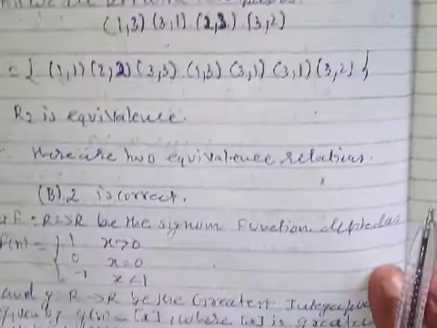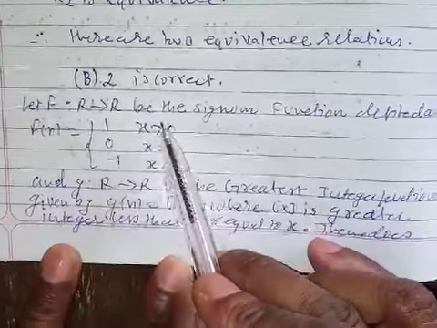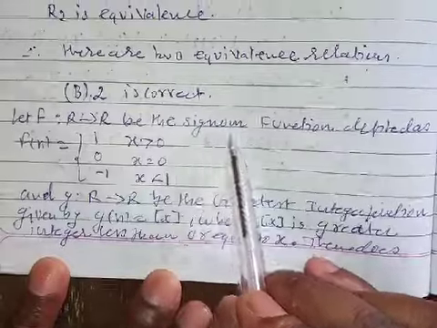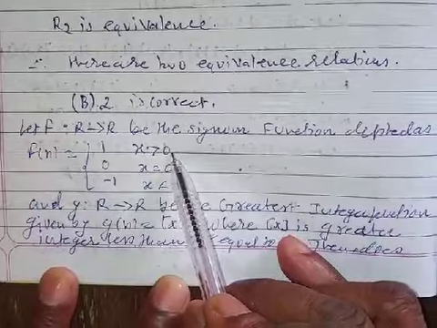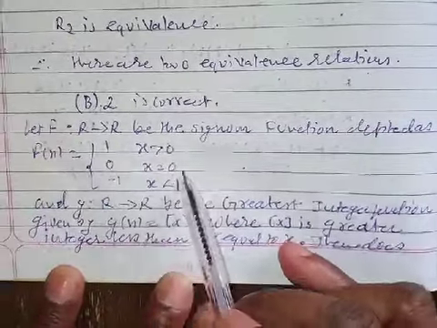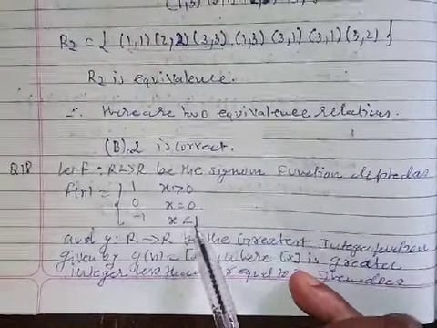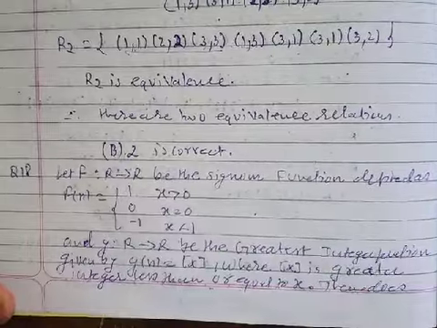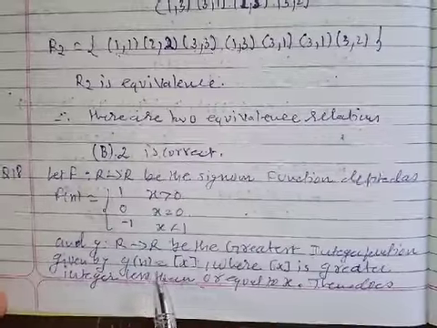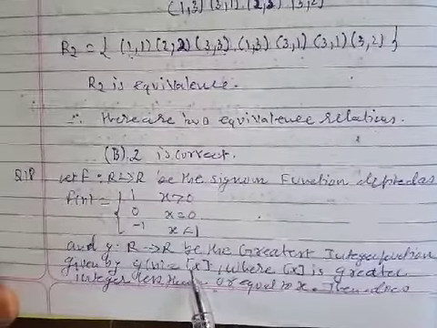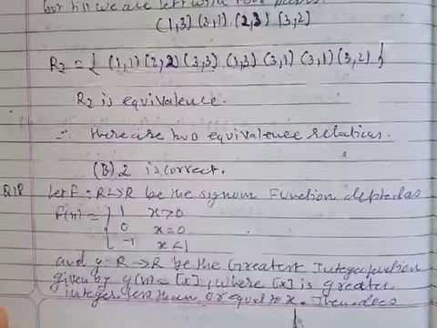Is it clear? Okay. Let's start with question number 18. The function f: R to R is a signum function defined as f(x) = 1 when x is greater than 0, f(x) = 0 when x is equal to 0, f(x) = -1 when x is less than 0, and g: R to R is the greatest integer function given by g(x) = [x], which is the greatest integer less than or equal to x.